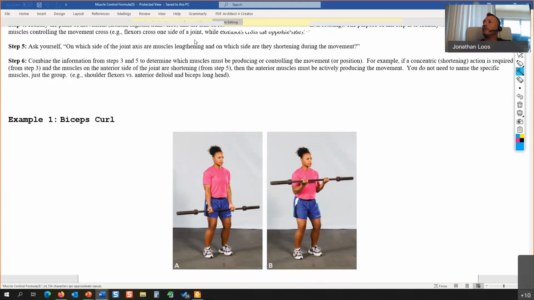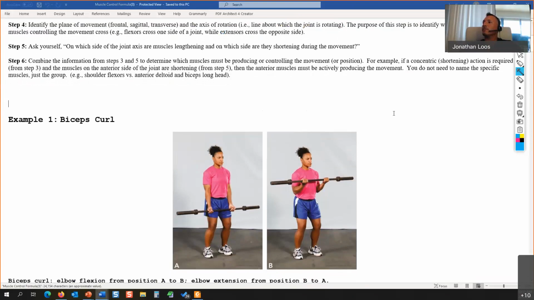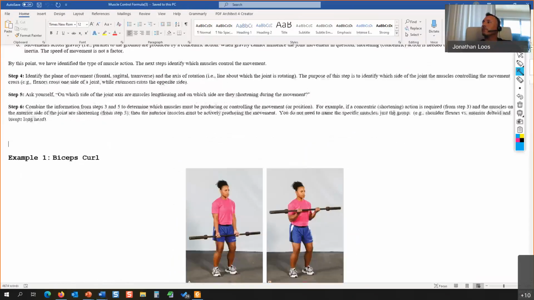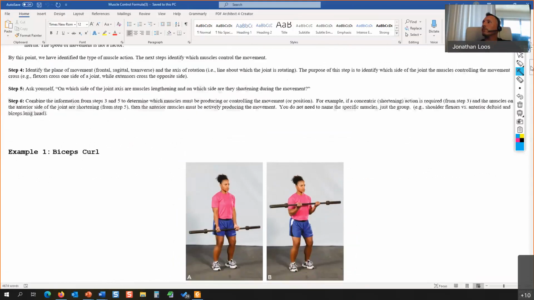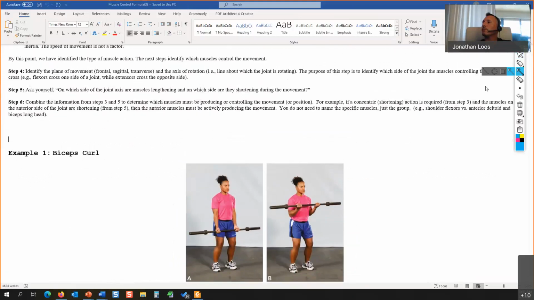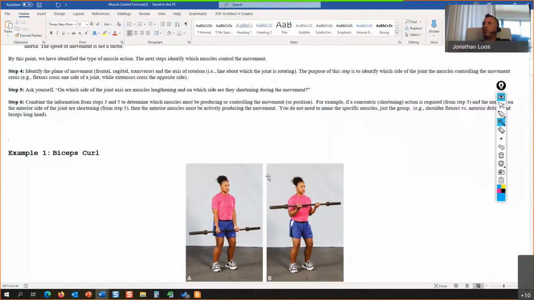Well, my marking tool is not working right now. I can't mark it up, so I apologize, but we'll just go from here.